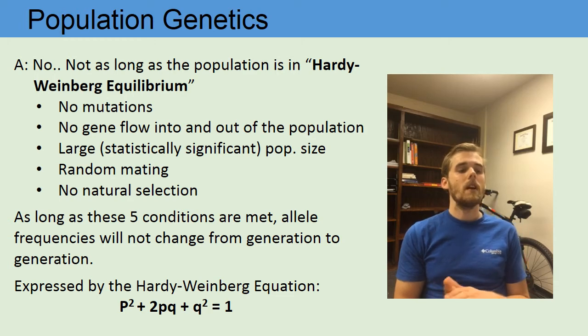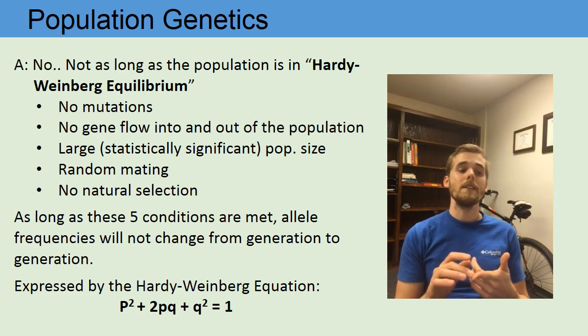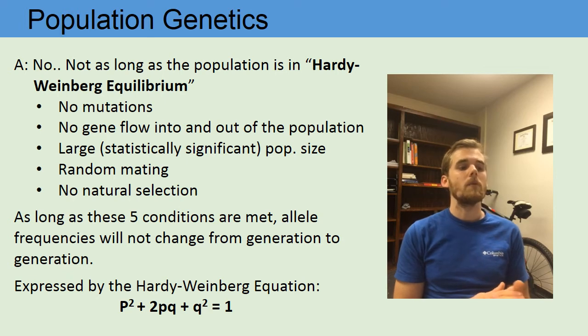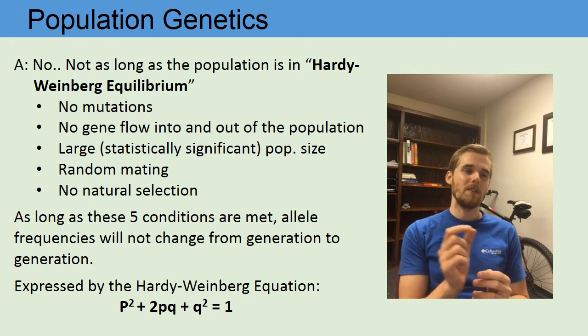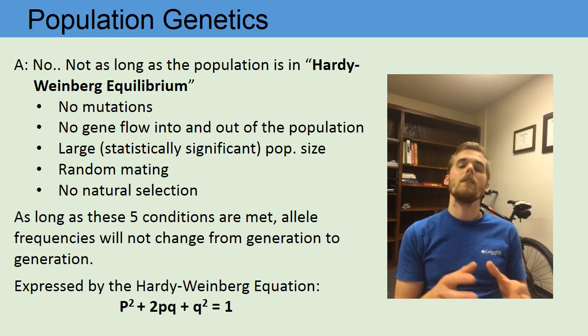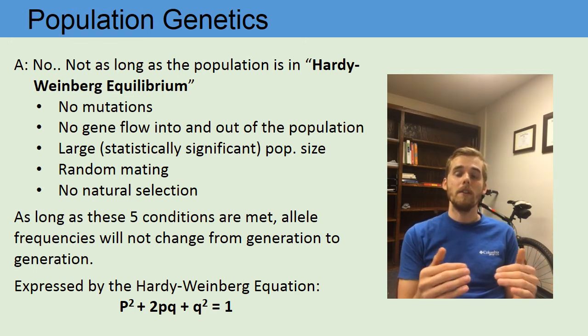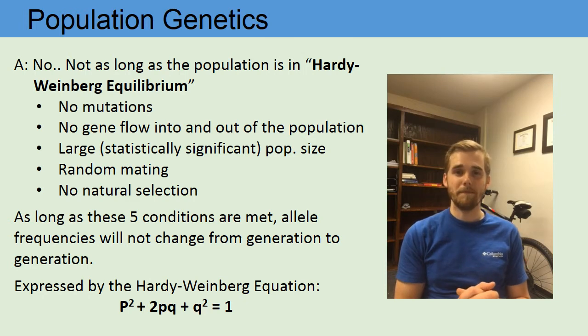This concept can be expressed mathematically through the equation p squared plus 2pq plus q squared is equal to 1. On the next slide, we're going to dissect this equation, learn what each of the variables represent, and then learn how this principle can be applied to a naturally occurring population.